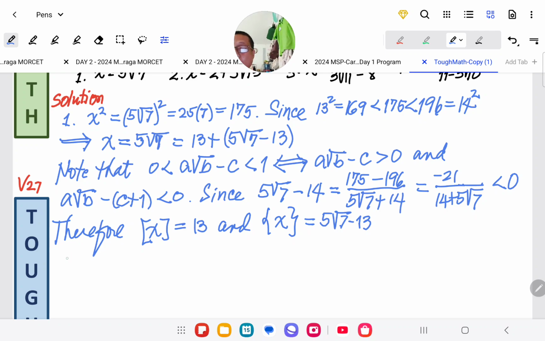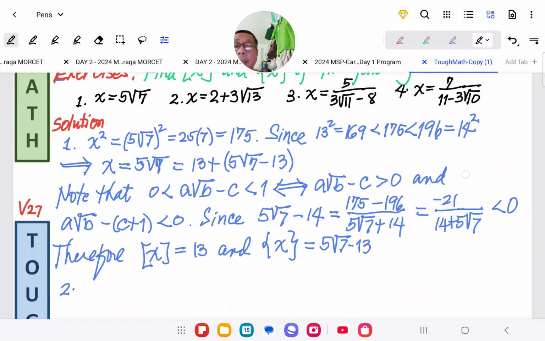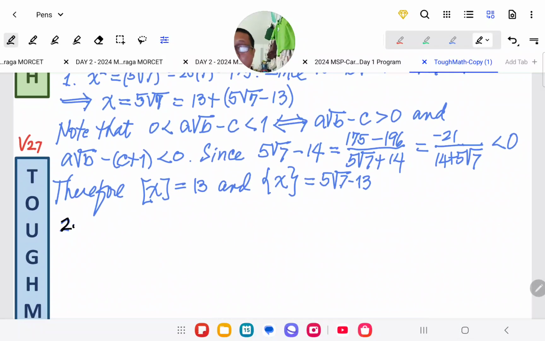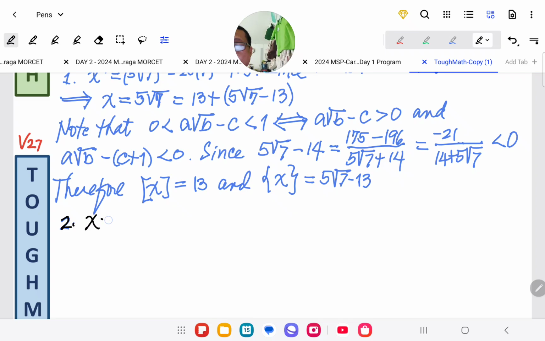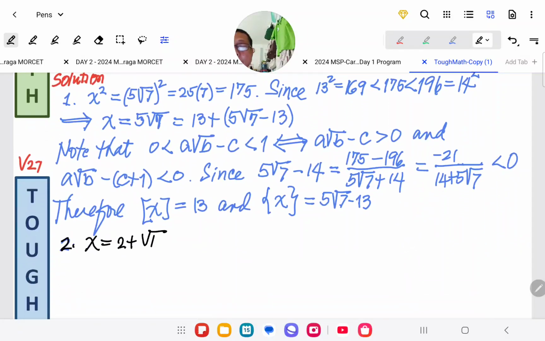Okay. Number 2. We have x is equal to 2 plus square root of 3 times the square root of 13.